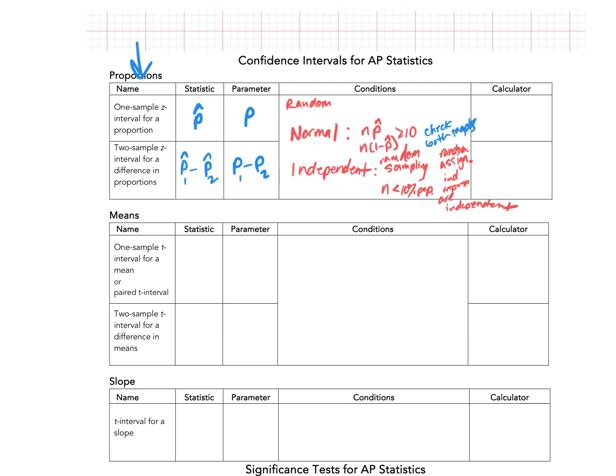So anytime it's a two sample procedure, you're checking that normal condition for both samples. And you're making sure you're communicating that. In the calculator, you're going to choose the one prop z int or the two prop z int.